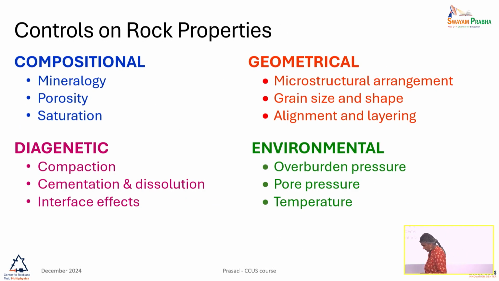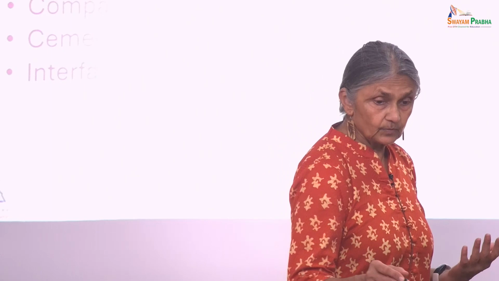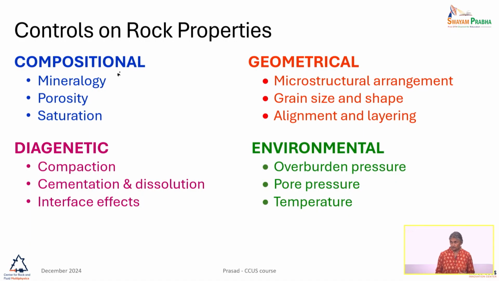Okay, so we need rock properties, but we have a lot of controls on rock properties. We have a compositional control: whether we have sandstone or limestone, what sort of porosity we have, what type of fluid, and what the saturation of the fluid is. So those are compositional controls.